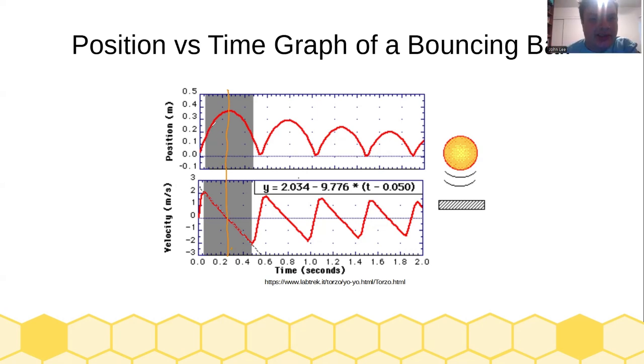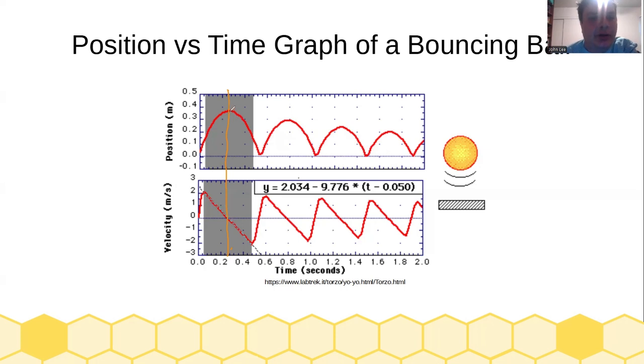Looking at the position versus time graph versus the velocity versus time graph, the position versus time graph starts out with a steep slope and gets shallower and shallower while still increasing as long as velocity is positive. So velocity is decreasing, but it's still positive. Therefore, the position versus time graph is still going up.